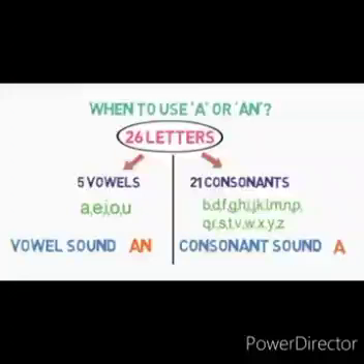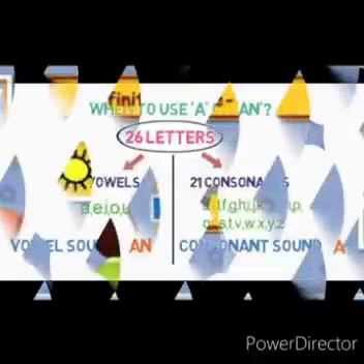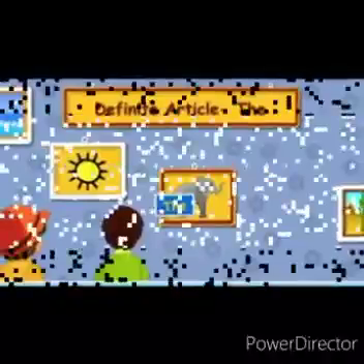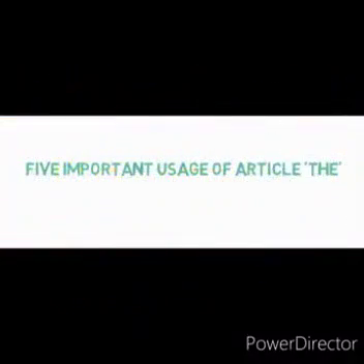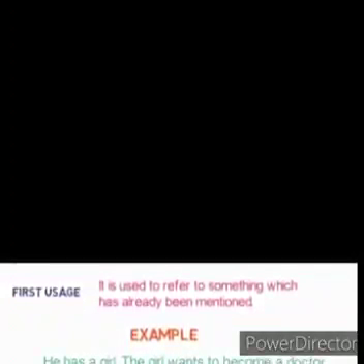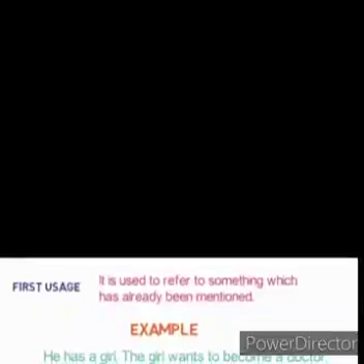Now next is definite article, and that is the. Now definite article the has 5 important usage, and they are: firstly, article the is used to refer to something which has already been mentioned. For example, he has a girl. The girl wants to become a doctor.